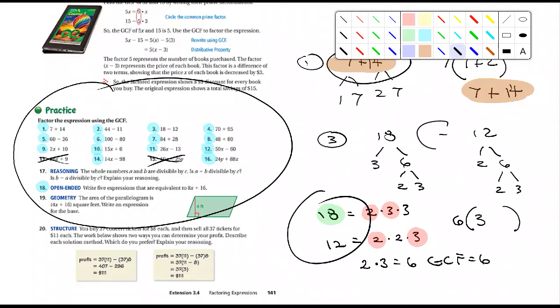And it's a minus sign. So it's 6 times 3 is 18 minus what times 6? 2. That's right. 6 minus 2 would be 12, so 2. You guys kind of see how these work?